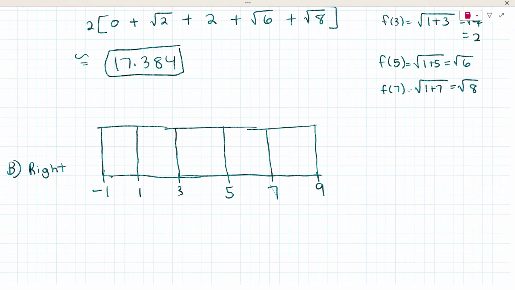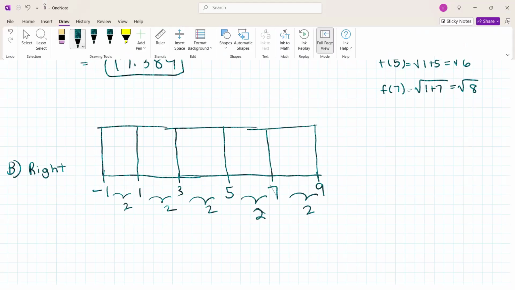We know that delta x is a constant 2, right? This is 2, 2, 2. Okay, what else do we know? Now we're going to do the right-hand side, so let's use another color.